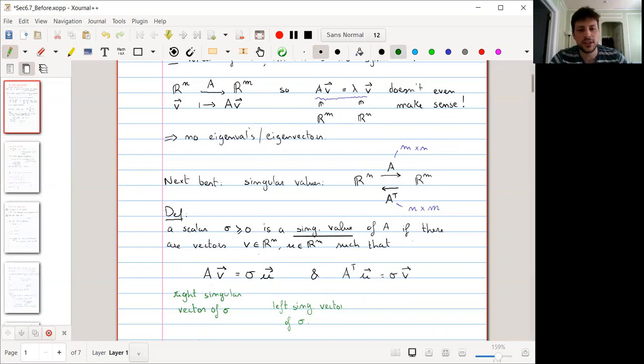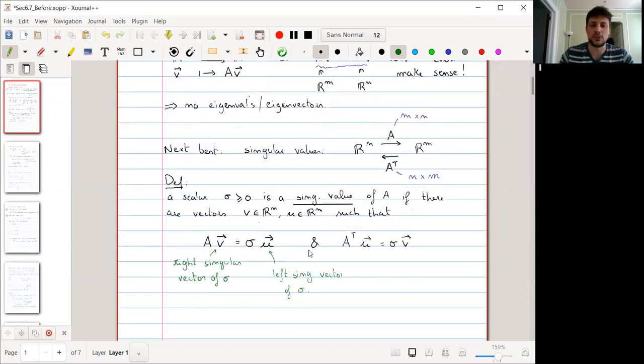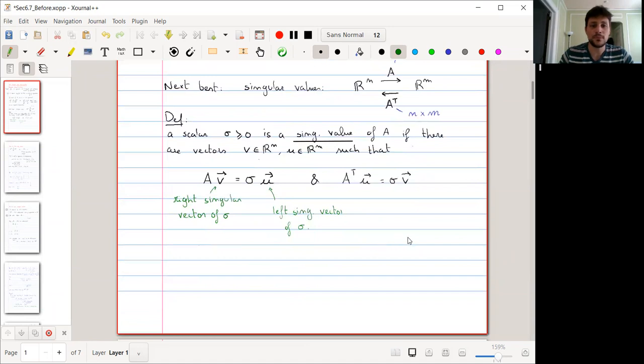In this particular setting, we say that u and v are respectively the right and left singular vectors corresponding to the singular value sigma. So we are trying to replace the idea of an eigenvalue and an eigenvector with that of a singular value and a singular vector. And that's what this definition does. It gives us singular values and singular vectors along with them.